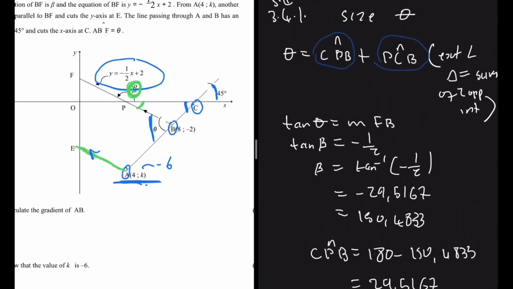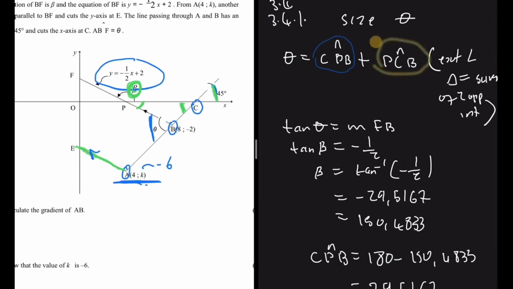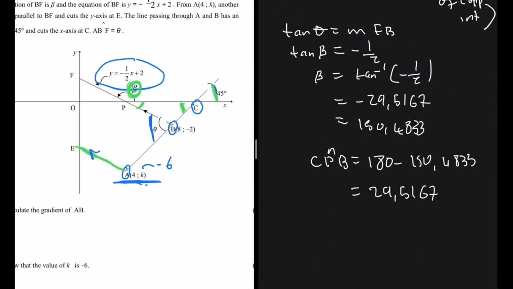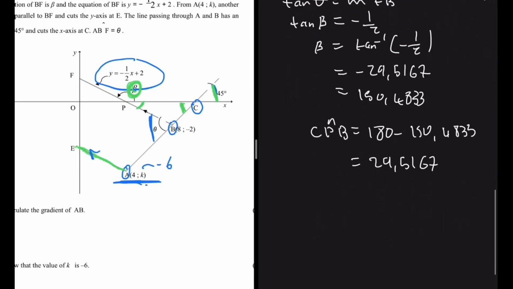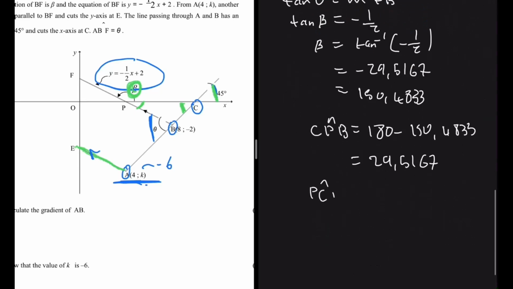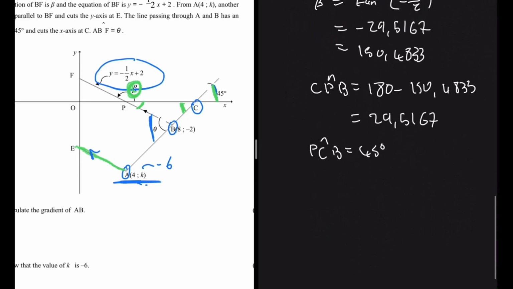So let's look at PCB. So PCB, let me highlight it in green also. So PCB is here. This is PCB. PCB will be equals to this 45 degrees here, right? Vertically opposite angle. So we're saying that PCB is equals to 45 degrees. So now we can find theta.